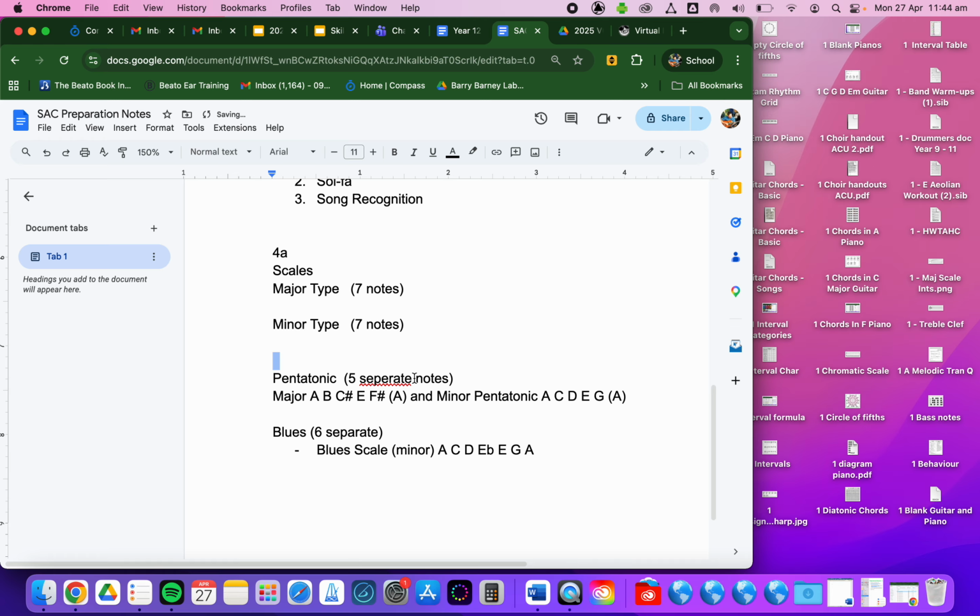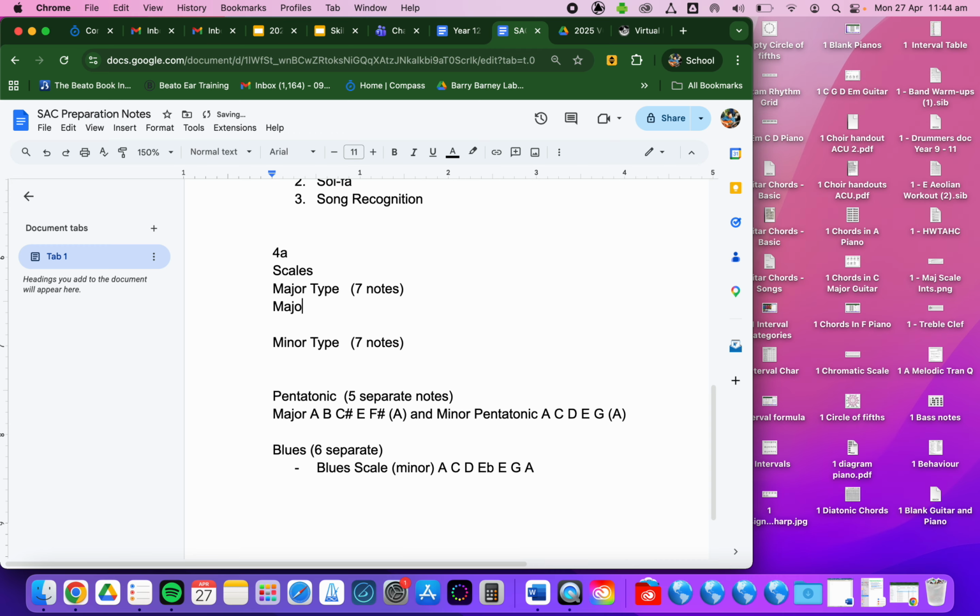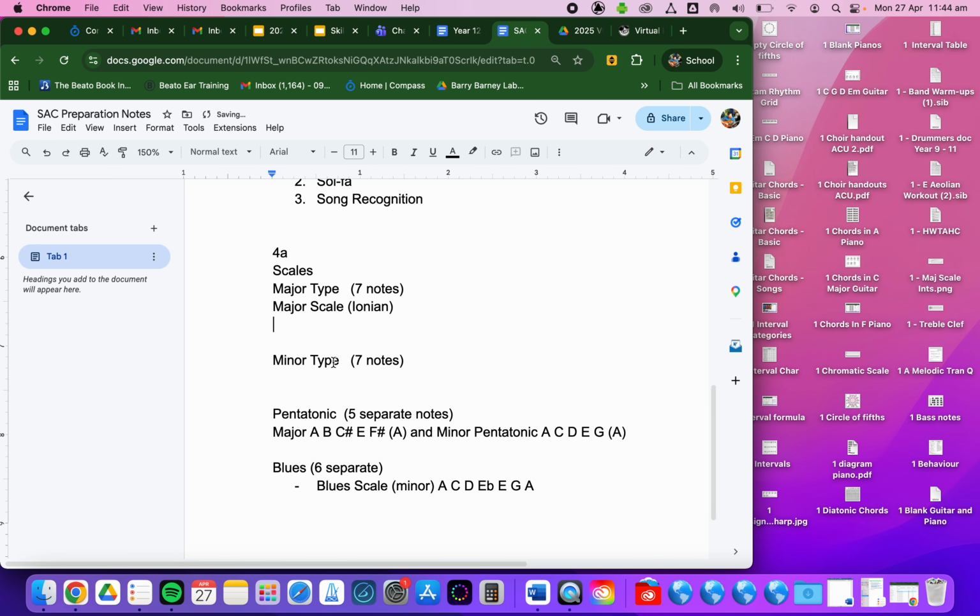All right, so the major scale is obviously a major scale. We can also call that Ionian. Natural minor or Aeolian is a minor. If we remember our other modes, a Mixolydian is a major scale.